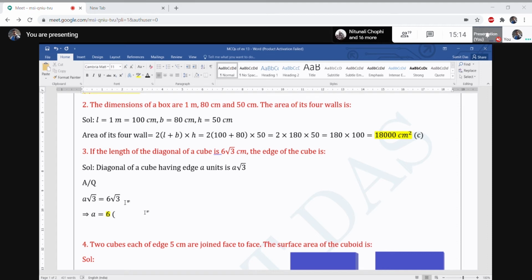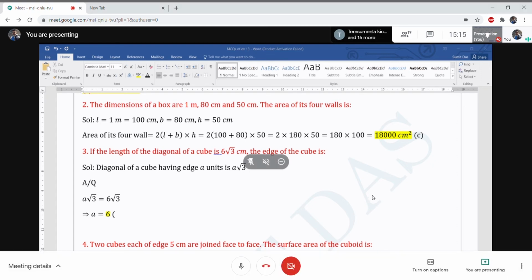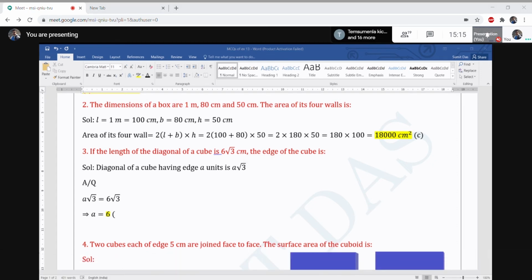The answer should be 6, because it is 6 root 3, so the answer should be 6. So there is a mistake in this. Answer should be 6, so no option is correct. In my book, all the options are 12, 8, 5 and 3 root 3, so no option is correct. The correct option will be this.